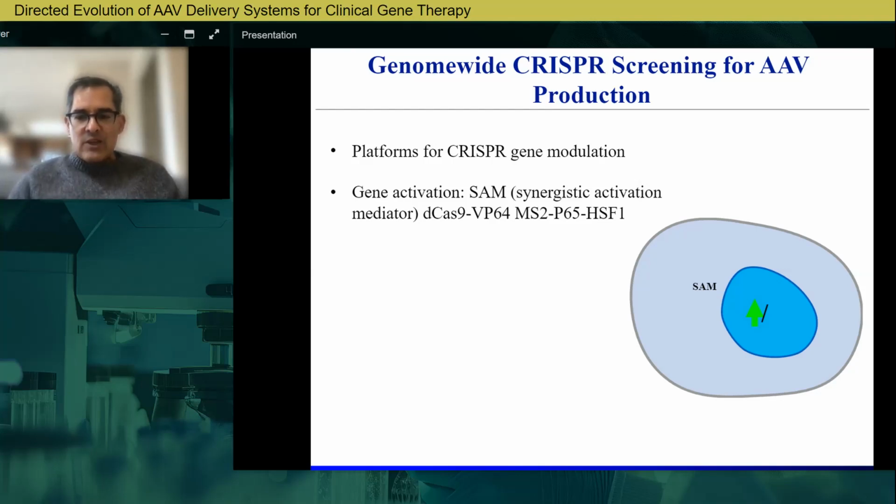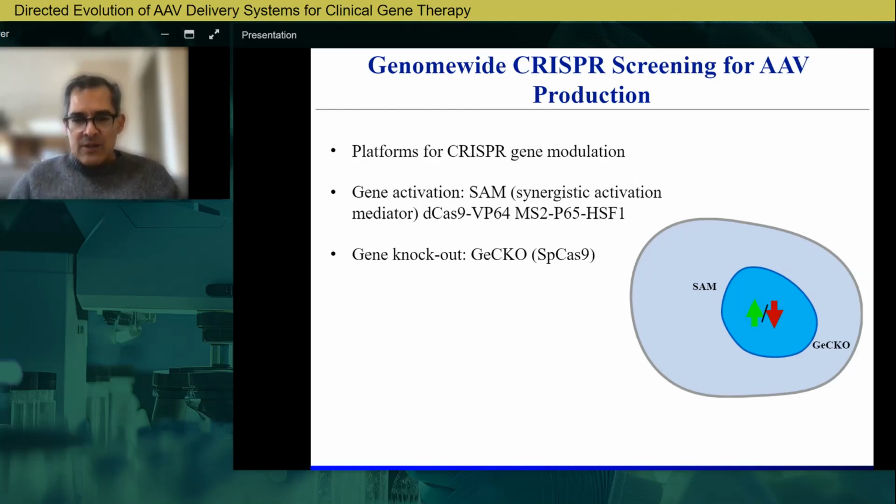And you can generate a nuclease-deficient version of Cas9 and then fuse it to transcriptional activation machinery, transcriptional activation domains. You can then take a guide RNA and direct that Cas9 to a specific location in the genome, such as a promoter for a gene. And that transcriptional activation machinery will upregulate expression of that gene. So that's a gain of function approach.